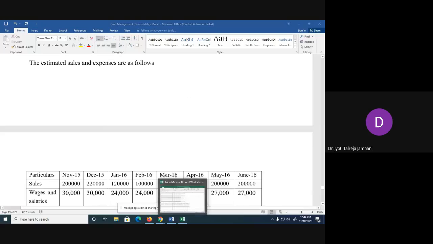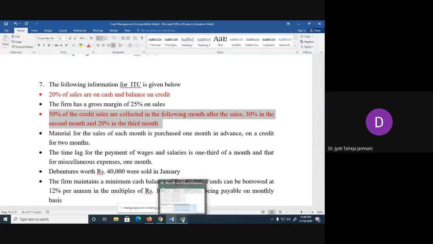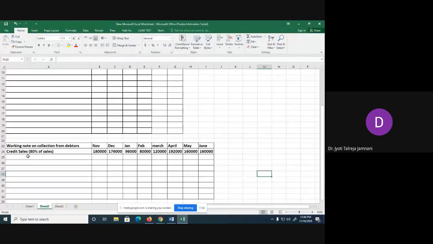Now we are interested in how we are going to collect this money. So here is the working note that we are focusing on. They have said 50% of the credit sales will be collected in the following month. That is first month after sales. So I'll write here collection, 50% of credit sales in first month.